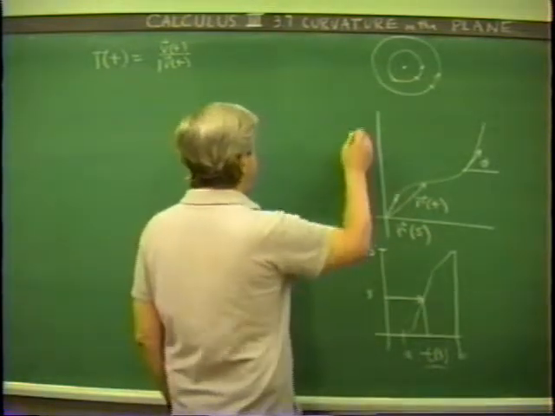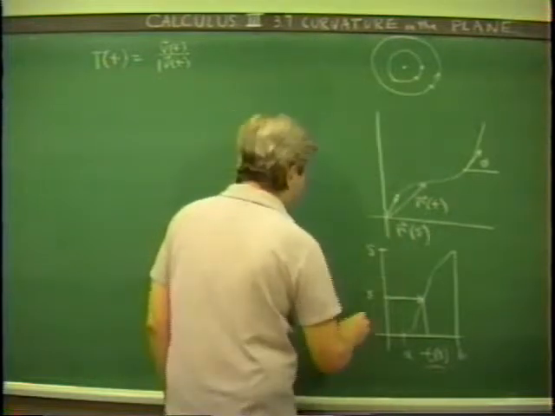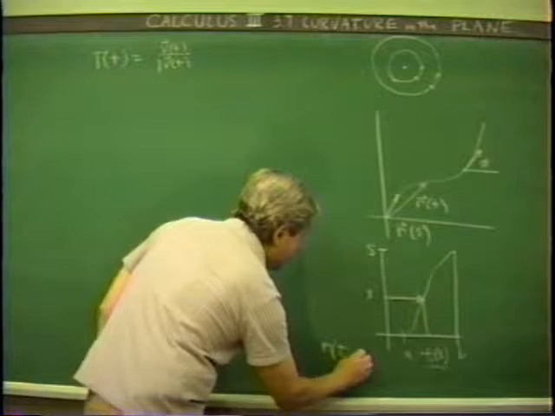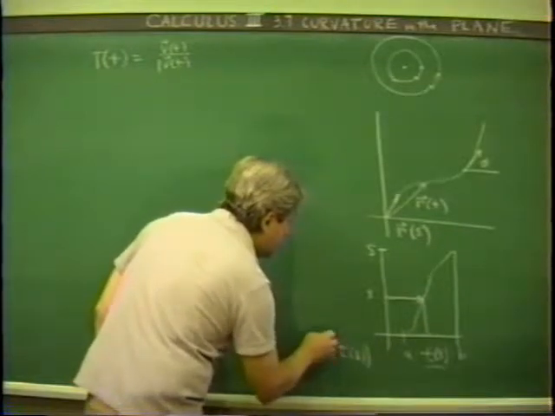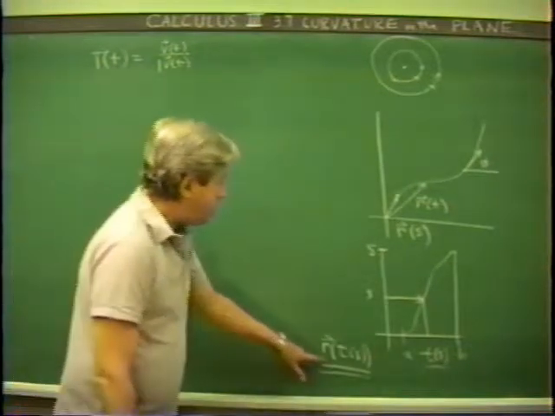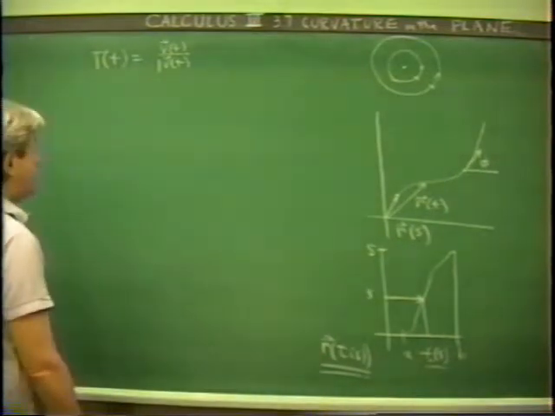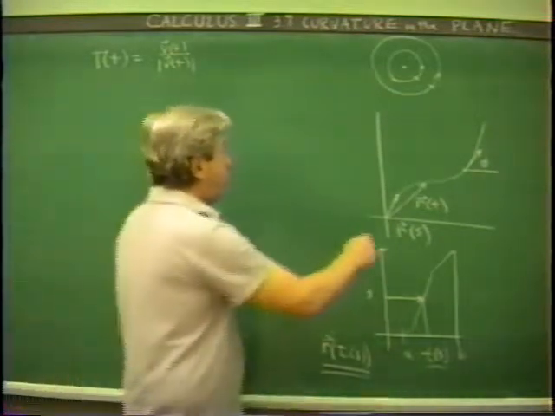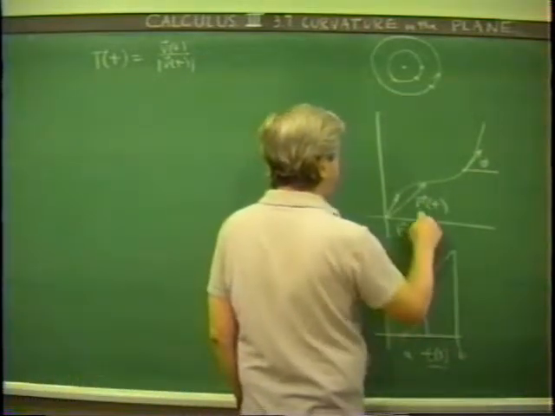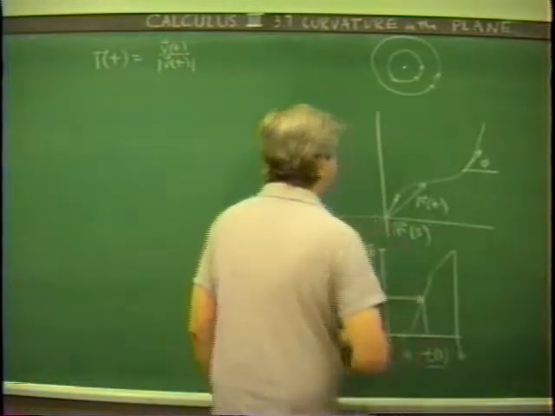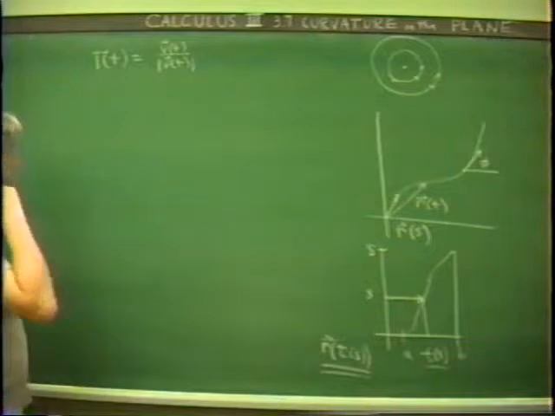For each s, we've got a t of s. If we reparameterize this, instead of r of t, we look at r of t of s, it's an easy calculation to show that the magnitude of the velocity in this case is going to be equal to 1.